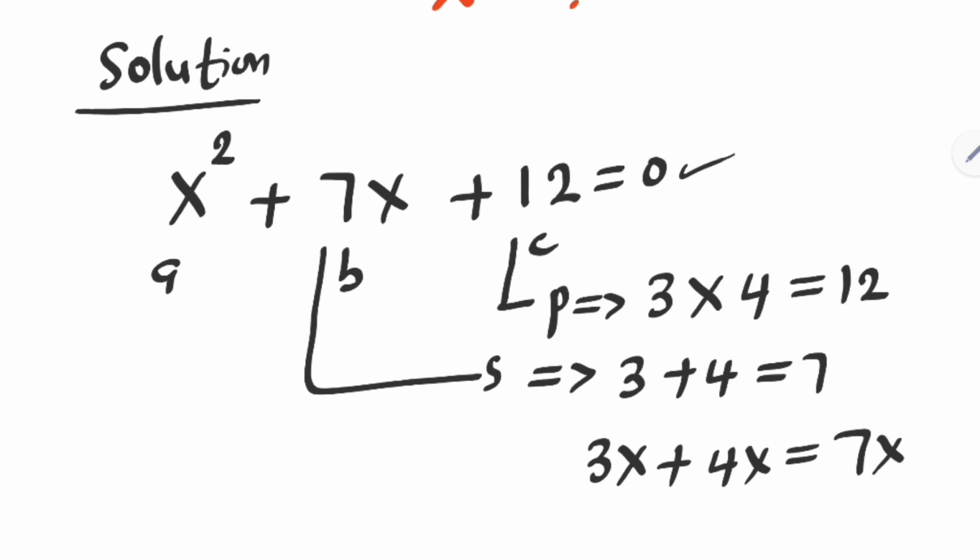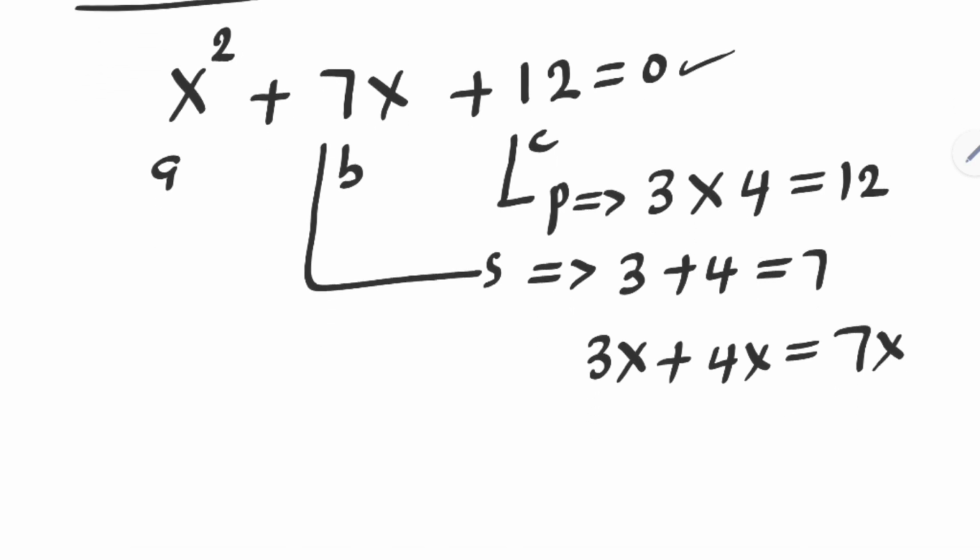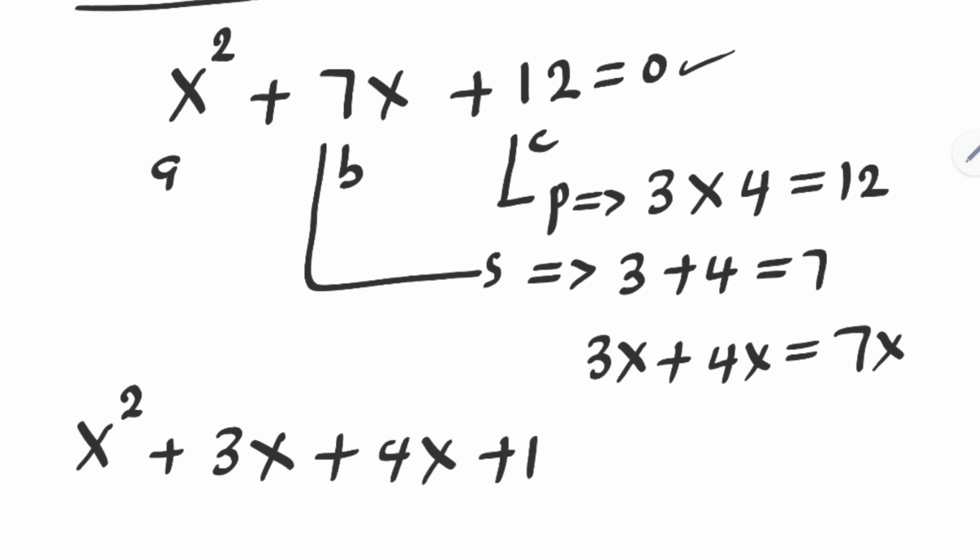The whole of this equation can be written as x squared, replacing this 7x by 3x plus 4x, plus 3x plus 4x plus 12 is equal to 0.